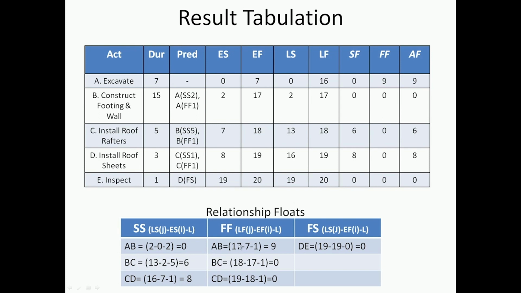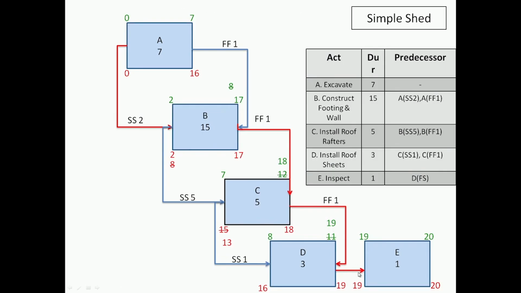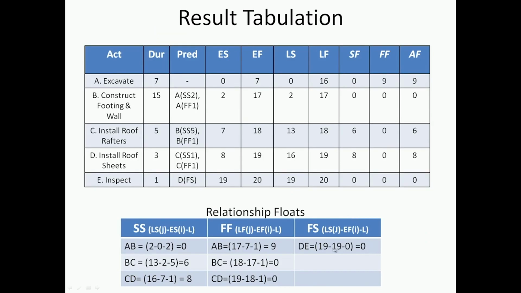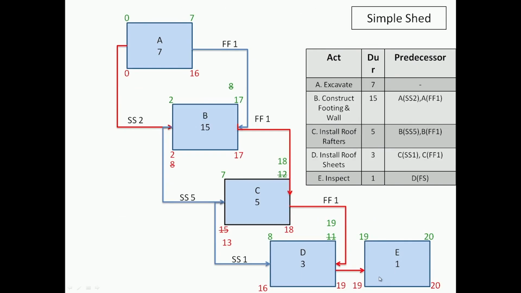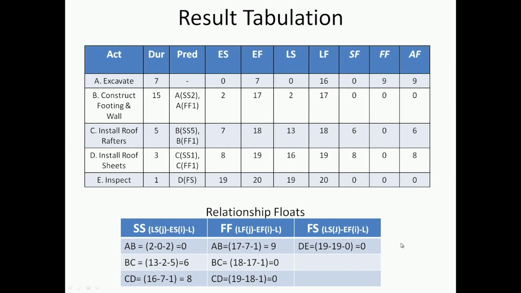And so, similarly we have all the finish floats represented here, and then we have this finish start, which was the only finish start relationship here, and the finish start float is also now represented through this calculation. And obviously here it's pretty straightforward, we do not have a lag, it gets to 0, okay.